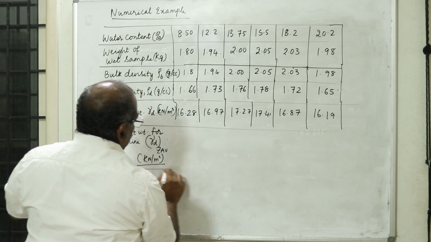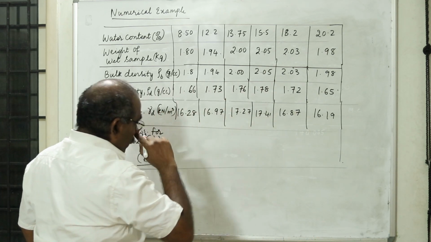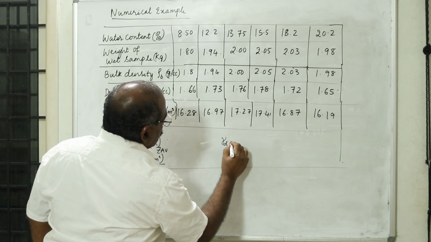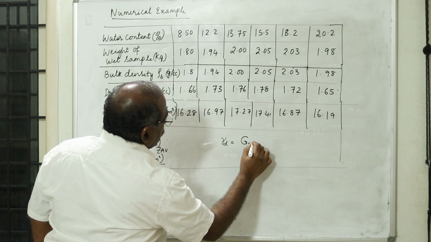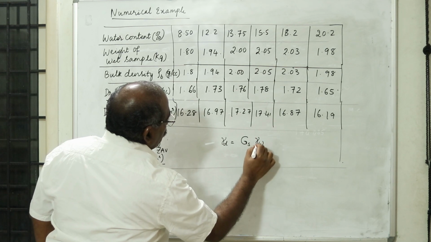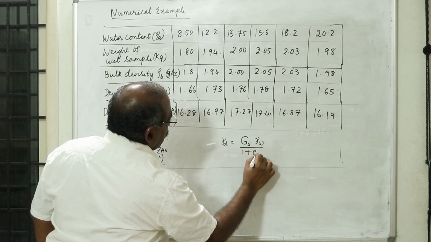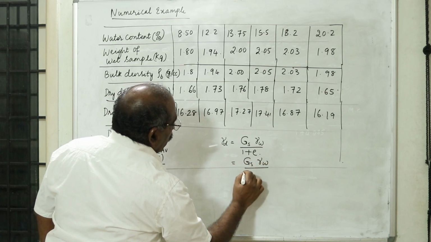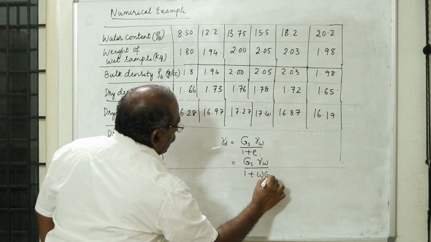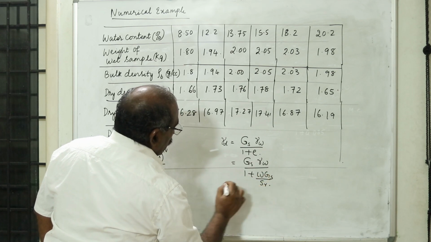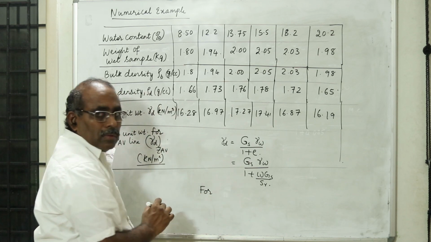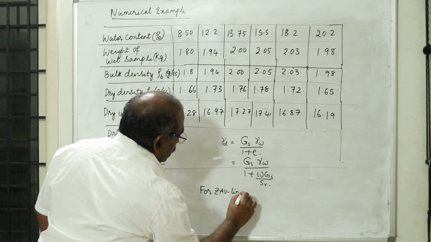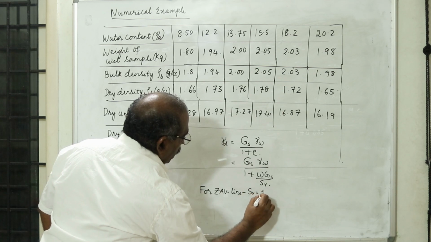Yesterday I told you how to calculate this density. Your gamma D is equal to Gs into gamma W by 1 plus e. Now, if I replace e by Wg by Sr for the ZAV line, which means it is the 100% saturation line, Sr equals 1.